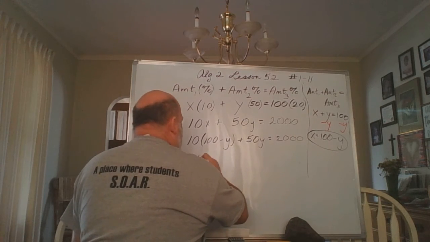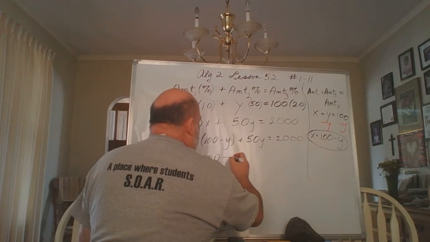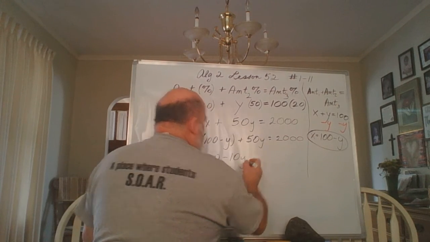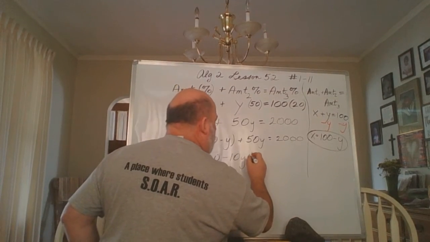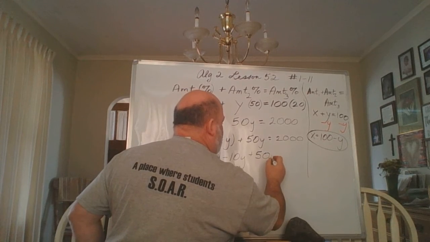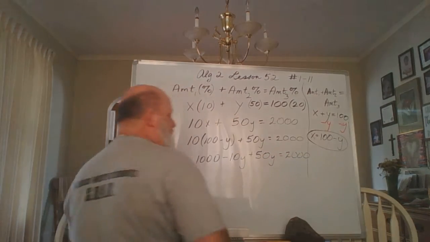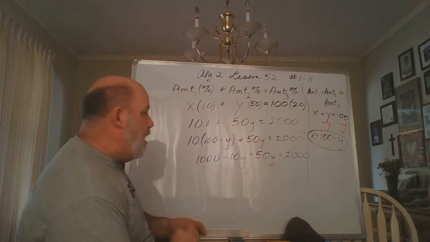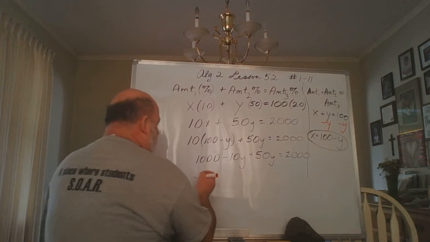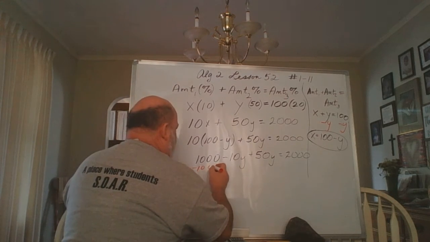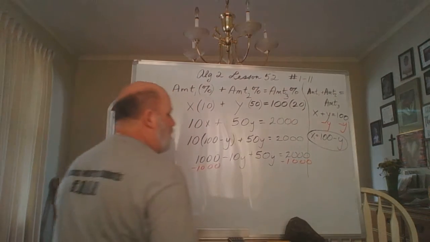10 times 100 is 1,000. 10 times y, or in this case, negative y gives me minus 10y, plus 50y equals 2,000. There I've got an equation with only y's in it. I get my whole number parts together. I subtract 1,000 from both sides.